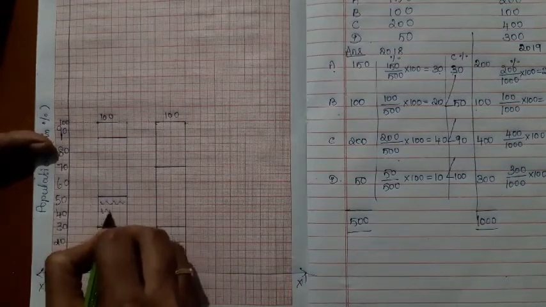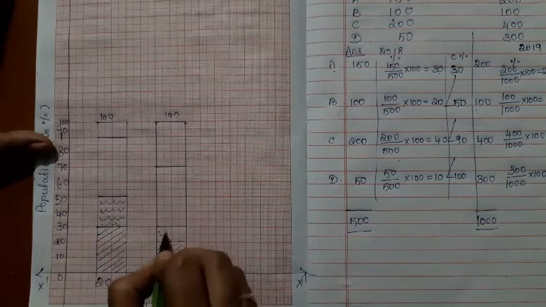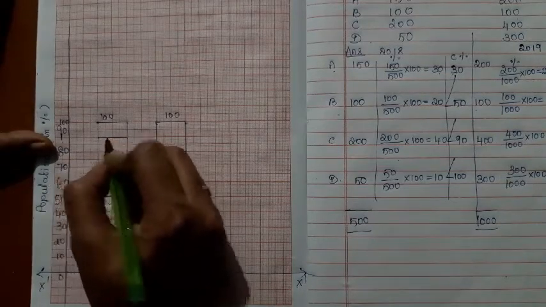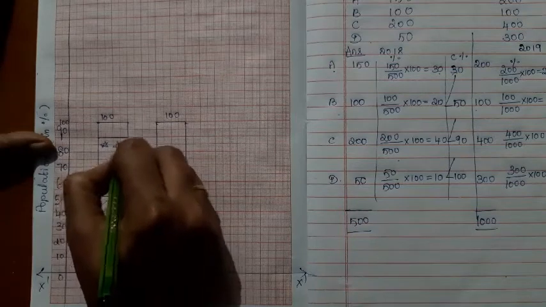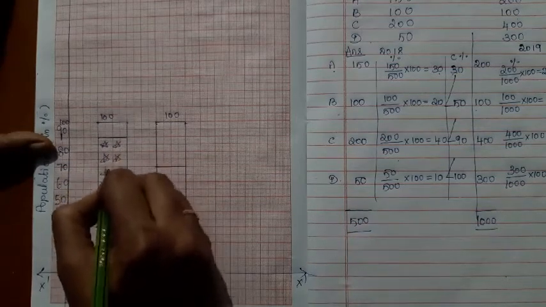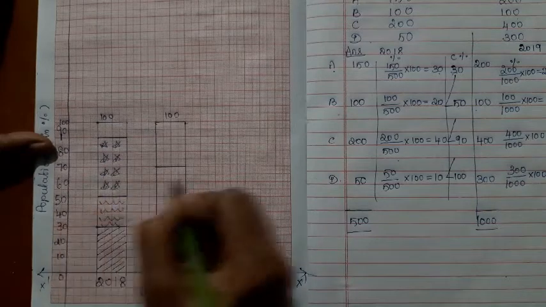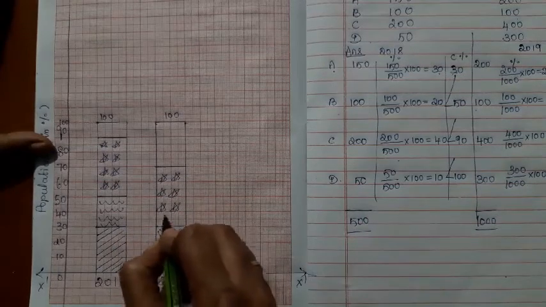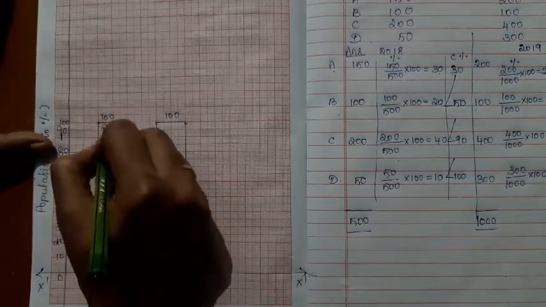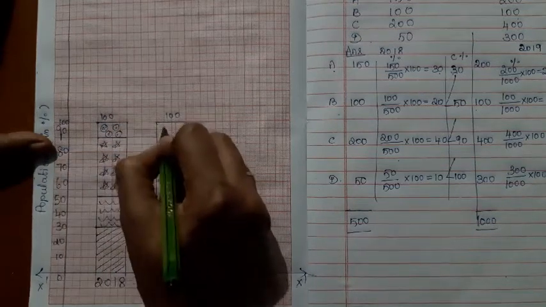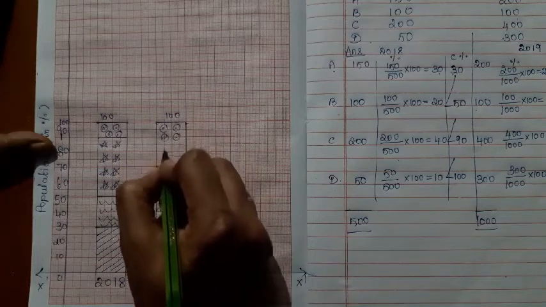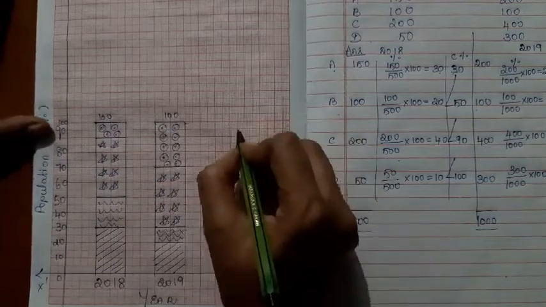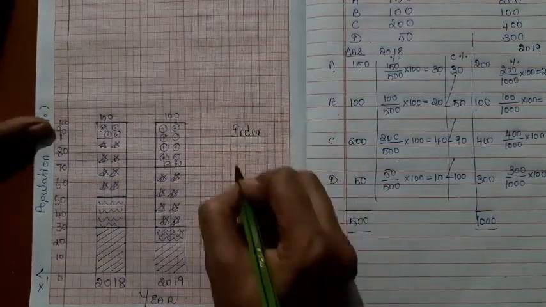I use this shade for B, and this shade for C, and this for D. So let me have an index to explain the shades here.